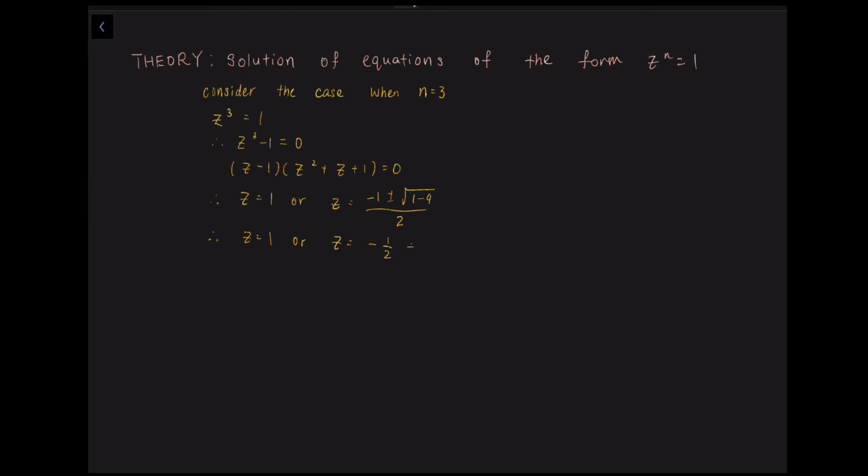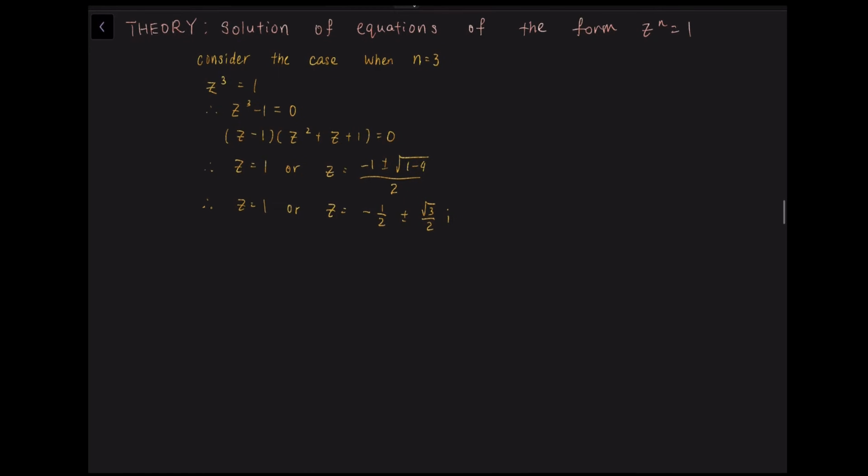So we have z equals minus 1 over 2 plus minus root 3 over 2 i. However, the equation above can be solved using De Moivre's theorem in the manner described below.